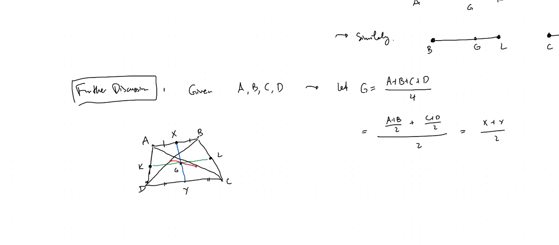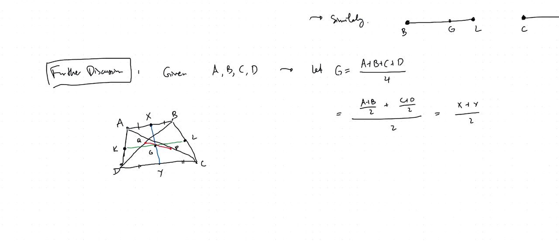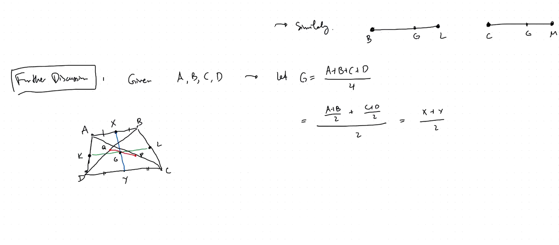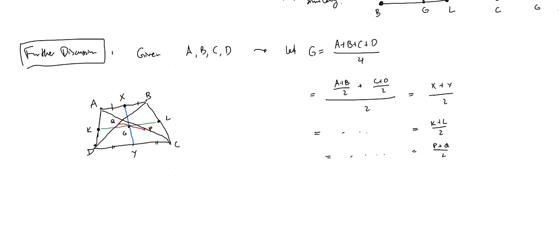Let's call them P and Q. Yes, similarly, what I'm saying here, this is also equal to K plus L over 2, and also equal to P plus Q over 2. So segments XY, KL, PQ share their midpoints.